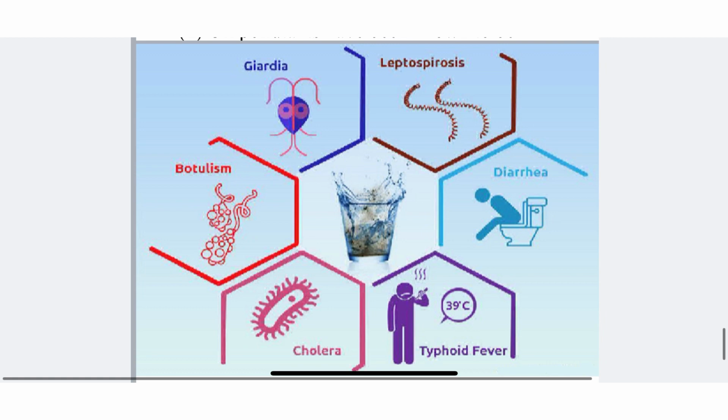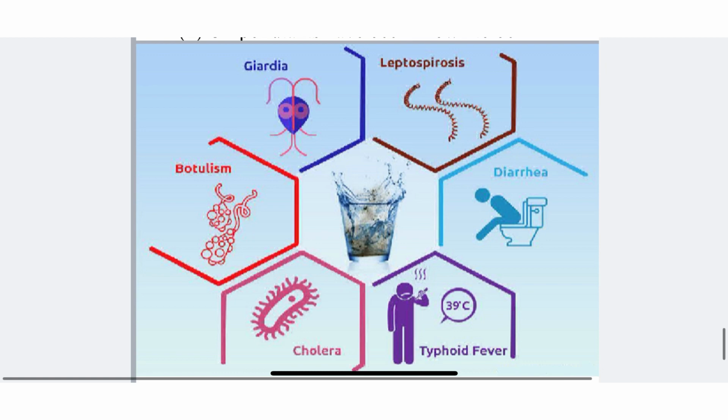Now you see on your screen some of the microbes that are very important in the case of water and cause a lot of diseases, like giardia, leptospirosis, botulism, cholera, typhoid fever and diarrhea. They come inside your body and affect your gastrointestinal tract, immune system, and nervous system, in a lot of ways. So you see the life cycle here.